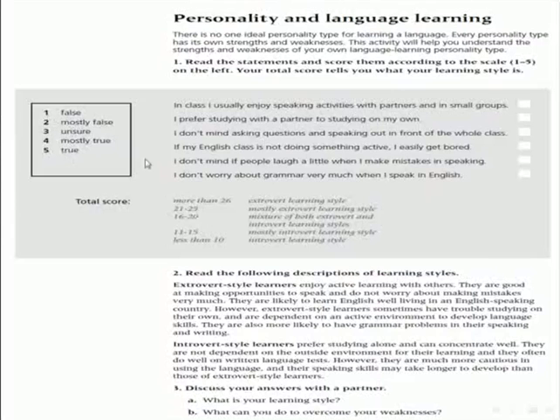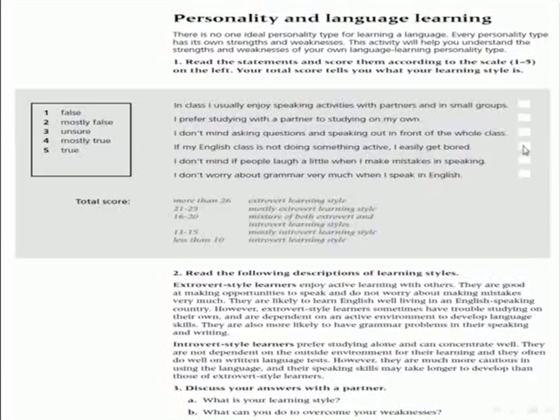Next sentence, you may say, I don't mind asking questions and speaking out in front of the whole class. Is it true about your personality, about yourself? Or false? You choose one of these and write the number here. Next, if my English class is not doing something active, I easily get bored.